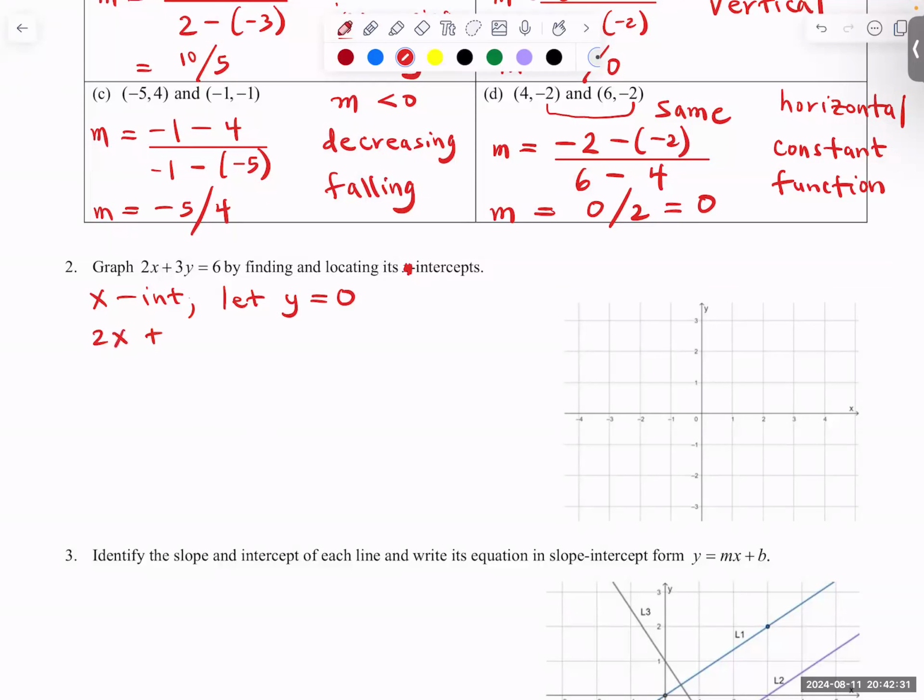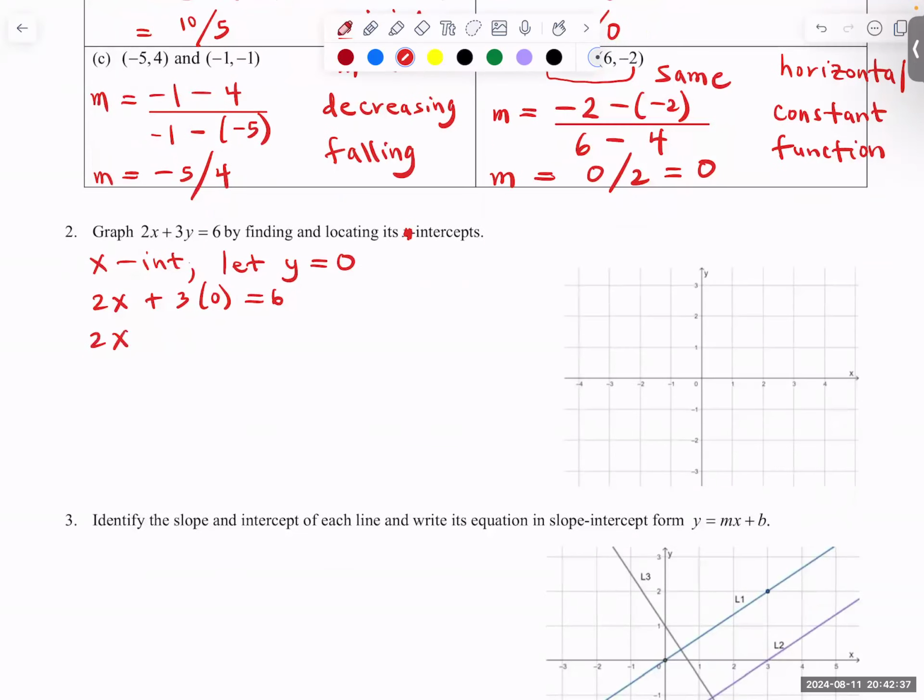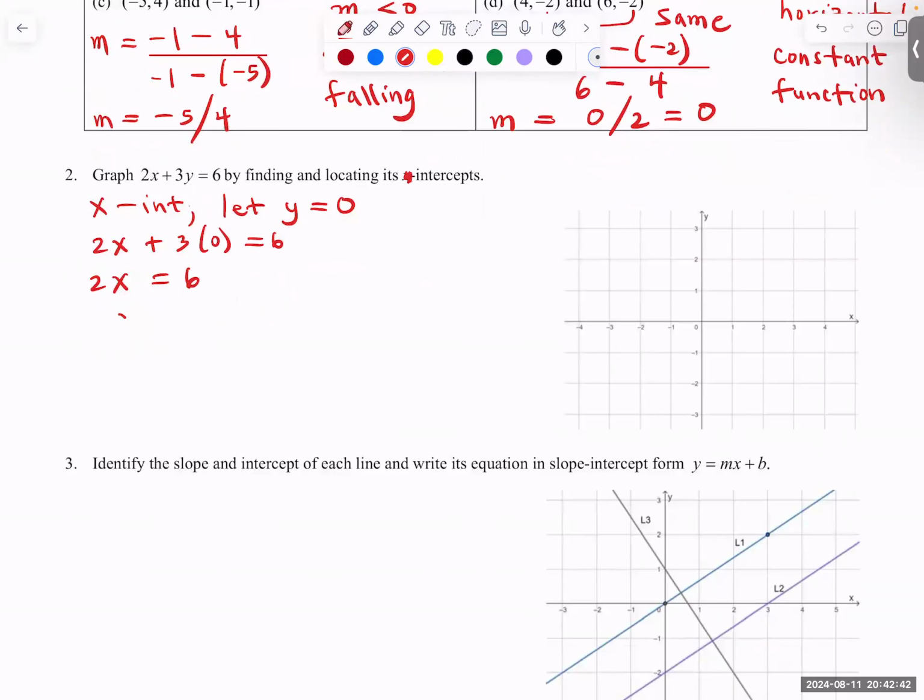So we have 2x plus 3 times 0 equals 6. So 2x equals 6, divided by 2, therefore x equals 3. And the ordered pair 3, 0 is the x-intercept.